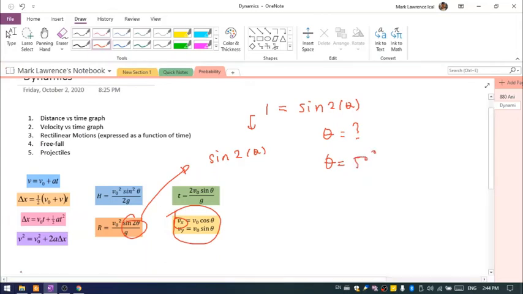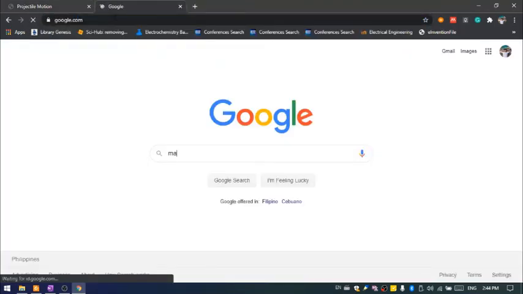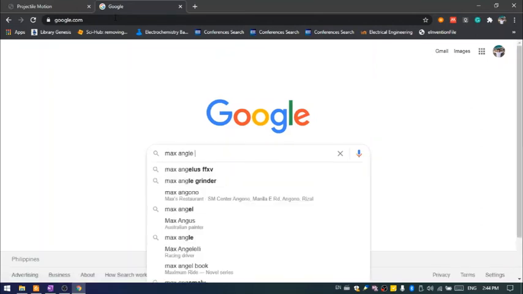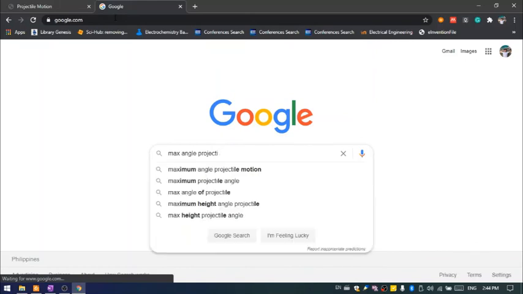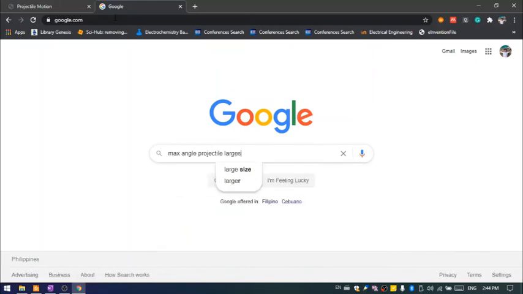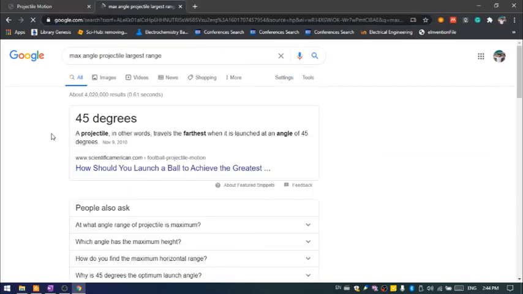So let's try Google, no? Max angle projectile largest range. Okay, so 45 degrees. So it should be a 45 degrees angle.